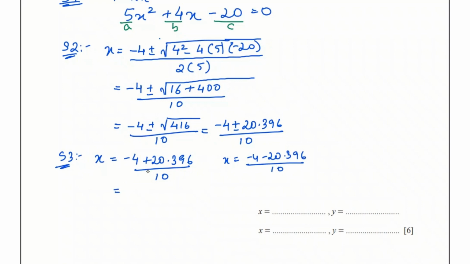So the value over here is going to be (20.396 - 4) divided by 10, that gives 1.6396, and over here x is equal to -24.396 divided by 10, that gives -2.4396.